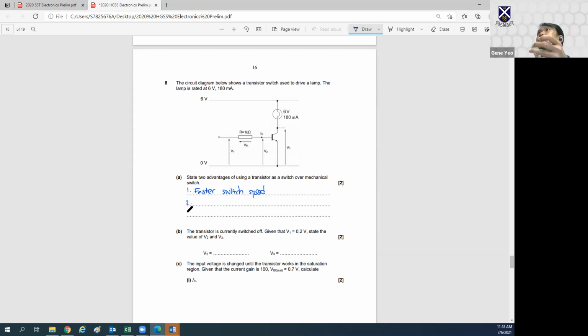Second of all, and this is a big problem that a lot of you are facing now, is that a BJT does not have contact bounce.